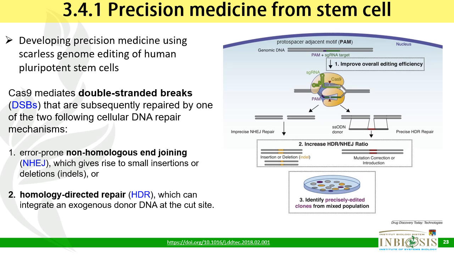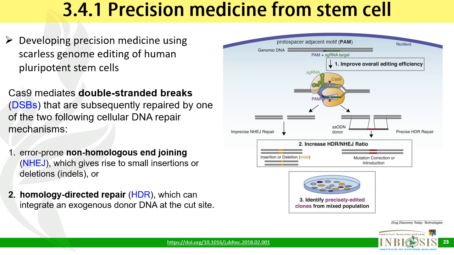An example of genome editing in pluripotent stem cells creates different cell lines for drug discovery. Cas9 mediates the double-stranded breaks. They are subsequently repaired by two mechanisms, either the error-prone non-homologous end joining or the homology-directed repair. So individually, they introduce different things.